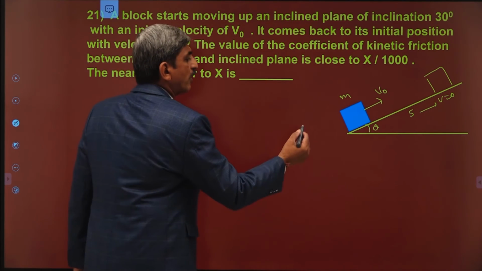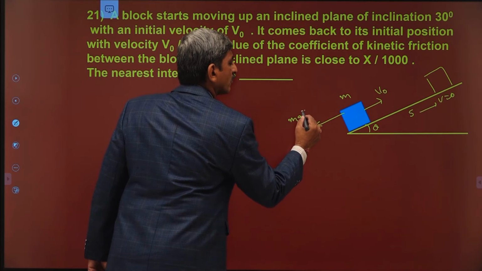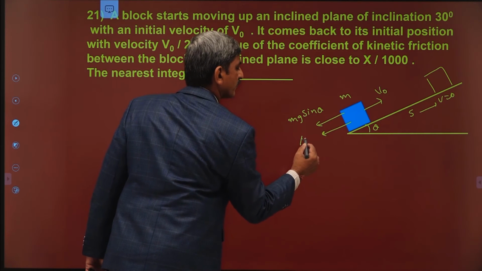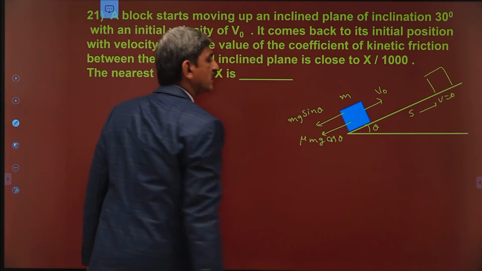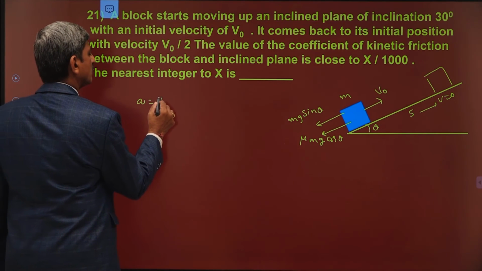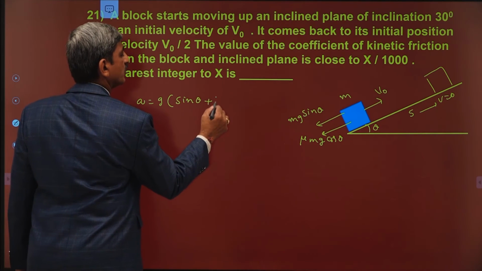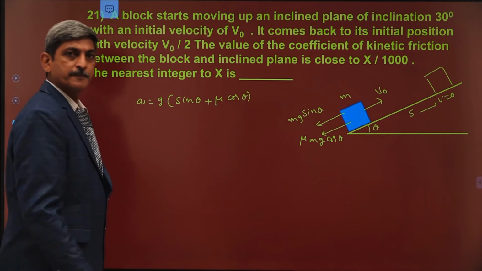When the body is moving upwards, mg sin theta is acting downwards and the friction is also acting downwards. So the acceleration of the body is a equal to g of sin theta plus mu cos theta when the body moves up.